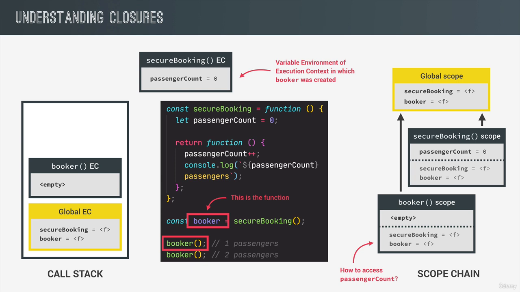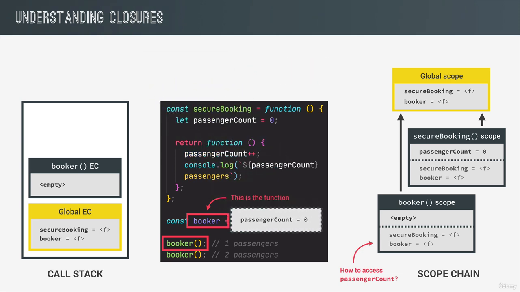Remember? Therefore, the booker function will get access to this variable environment, which contains the passenger count variable. And this is how the function will be able to read and manipulate the passenger count variable. And so it's this connection that we call closure.